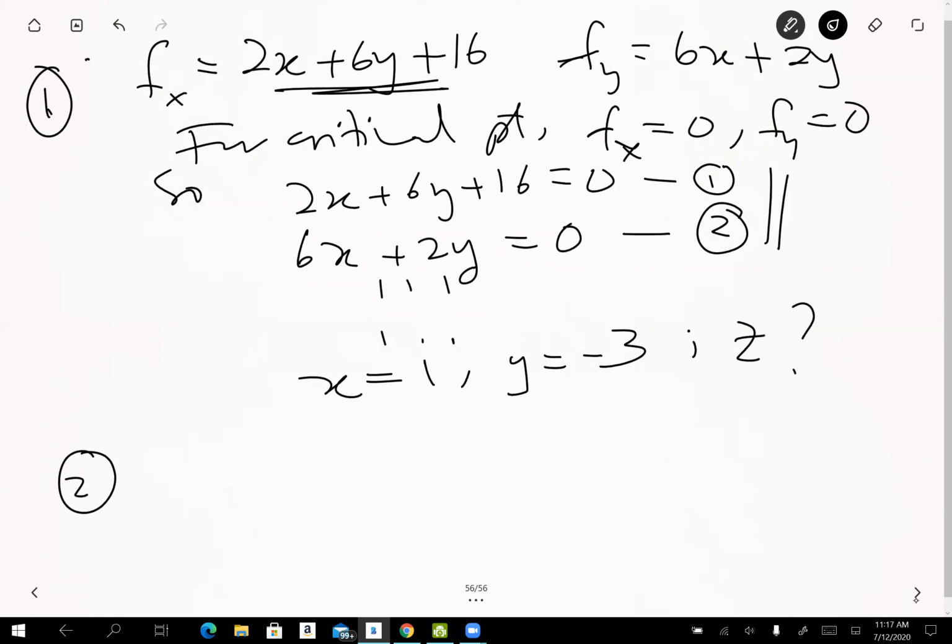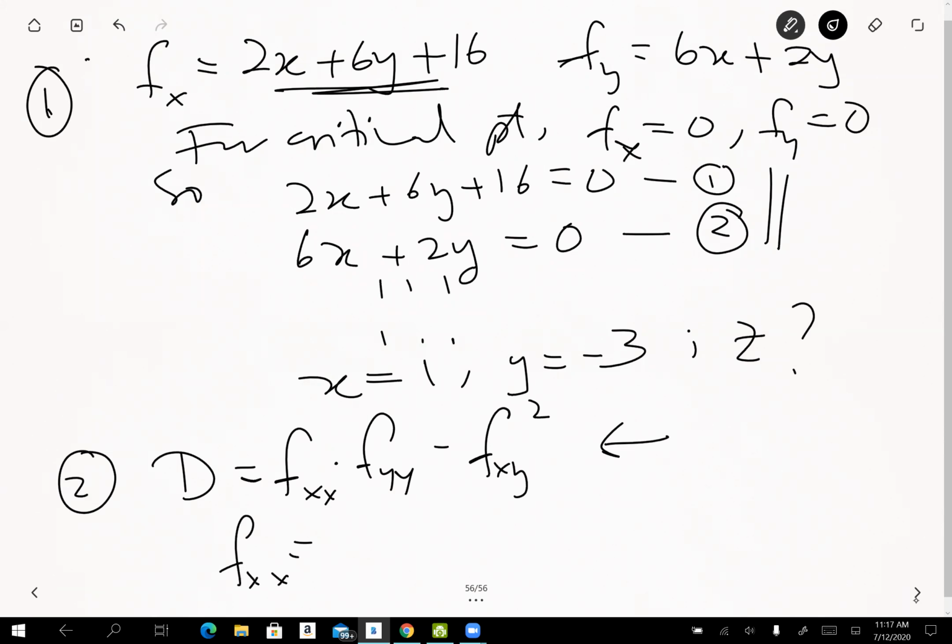The second part, you do the second derivative test. You know that D is equal to what? You write this a few times, you remember it. Practice. So you need to find fxx, which is equal to 2, based on the first partial. fyy equal to 2 also. fxx is the derivative of fx with respect to x, you got 2.